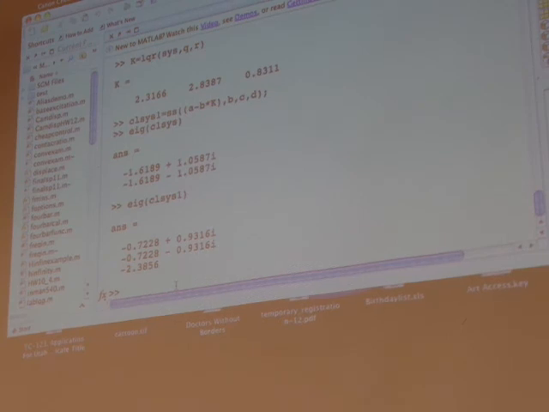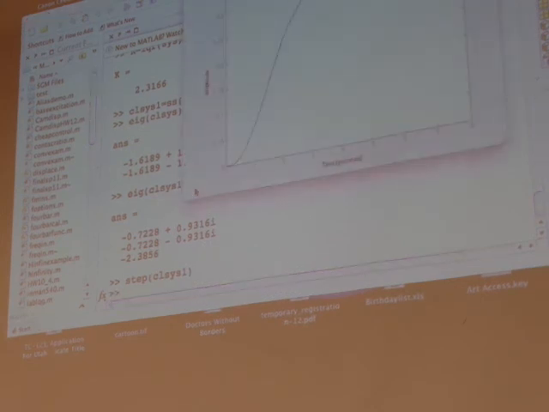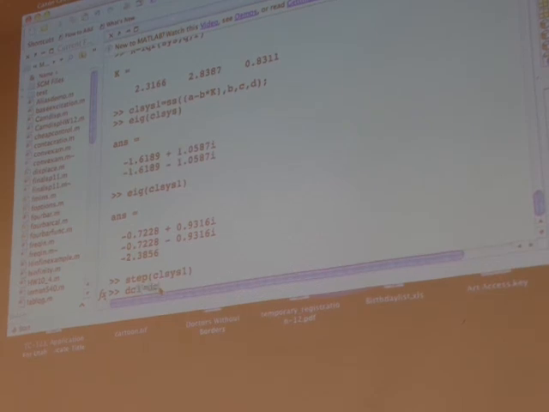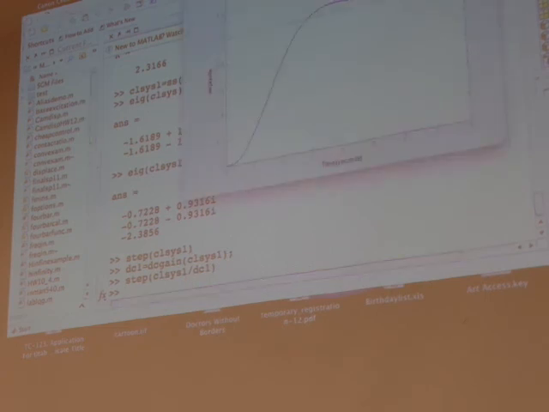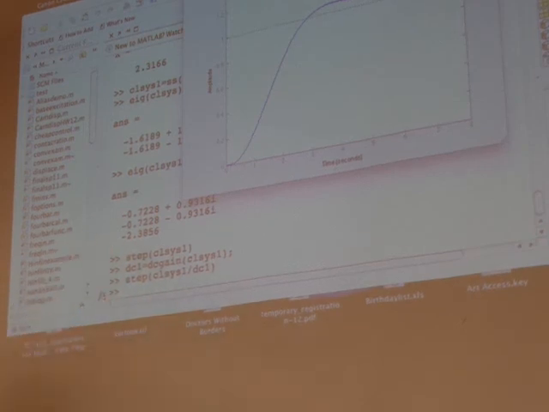Let's do a step response of this thing. Well, looking at these roots, you might say, yeah, that's kind of what I expect to see.